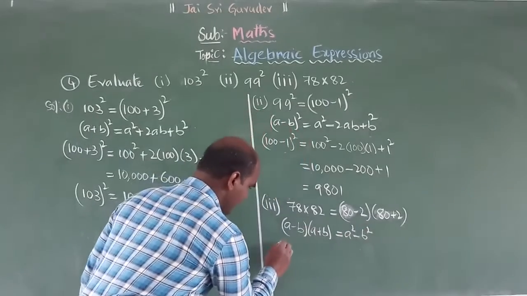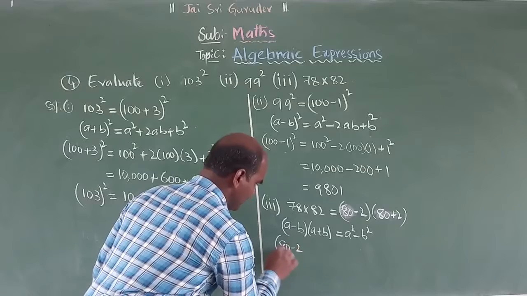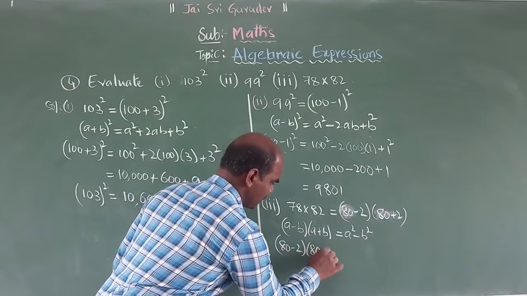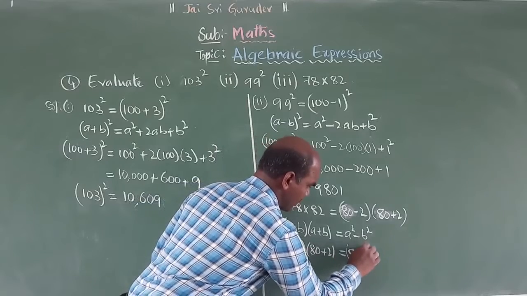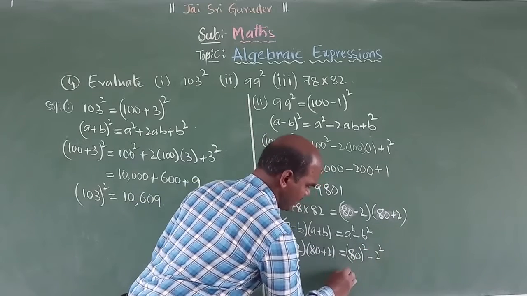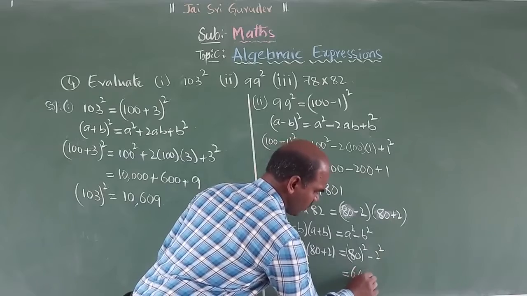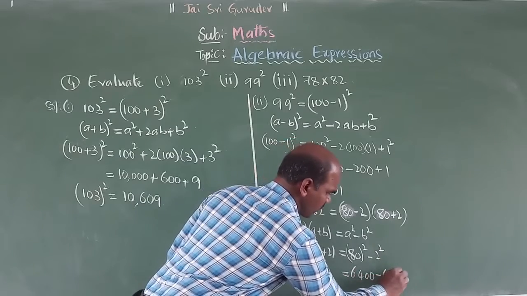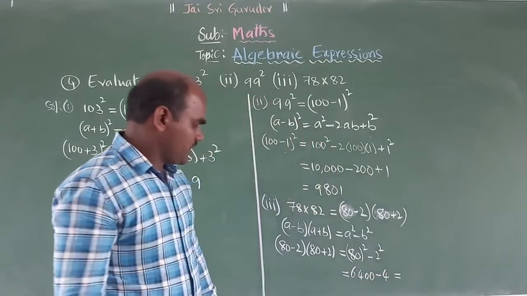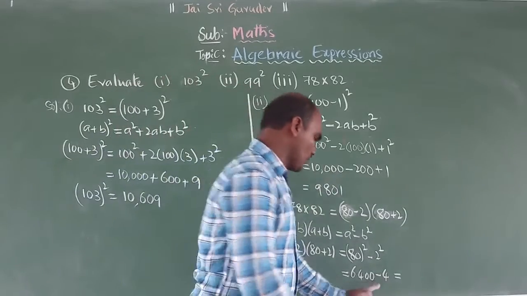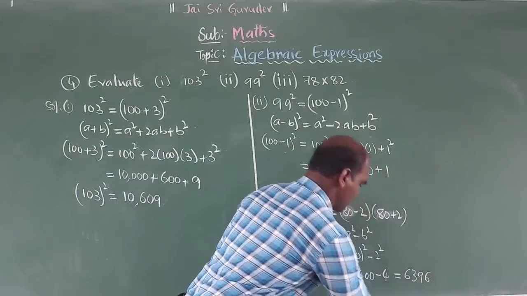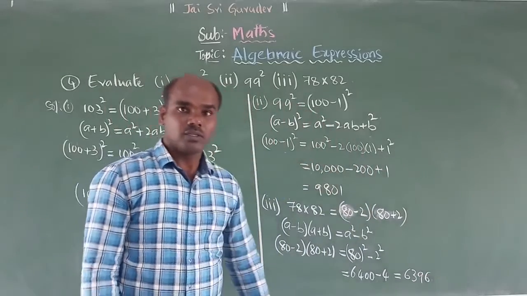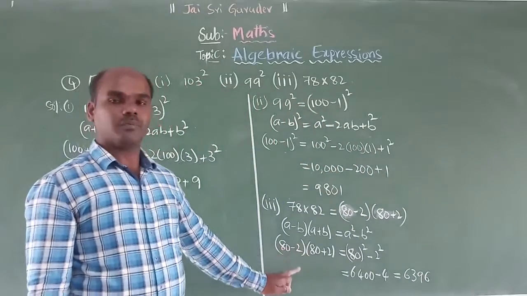That is (80 minus 2) into (80 plus 2) is equal to 80 square minus 2 square. 80 square is 6,400, minus 4 becomes 6,396. So that is the solution of the given problem.